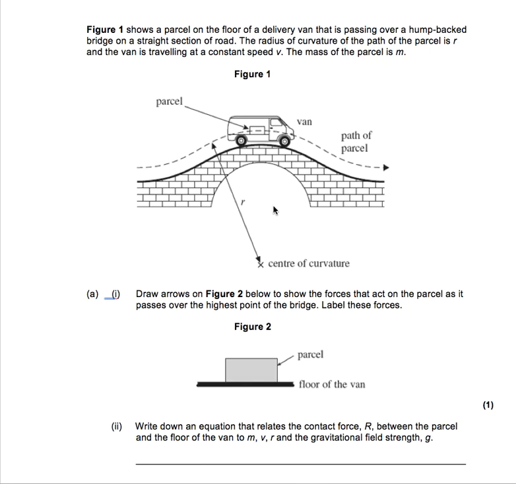Because, of course, the rate of change of the velocity is greater if the van is going over the bridge faster, or if it is a steeper bridge, a smaller radius circle. So the centripetal force has to be greater to keep the van following the circle. And here's the important way of thinking about it. The centripetal force needs to be greater in order for the van to maintain the circle.